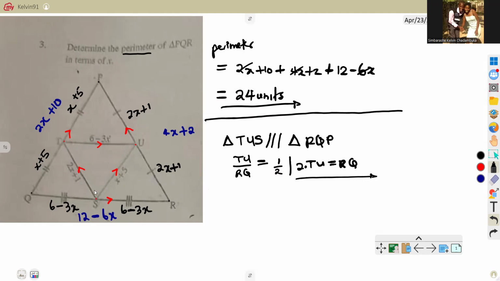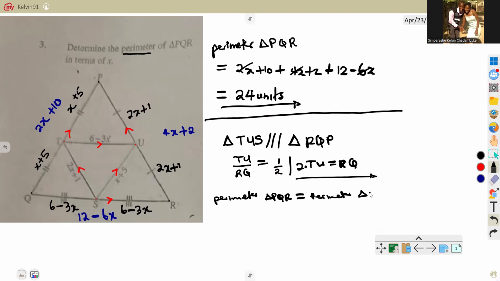So the perimeter of triangle PQR will be equal to the perimeter of that smaller triangle, whose dimensions we are given, multiplied by 2.